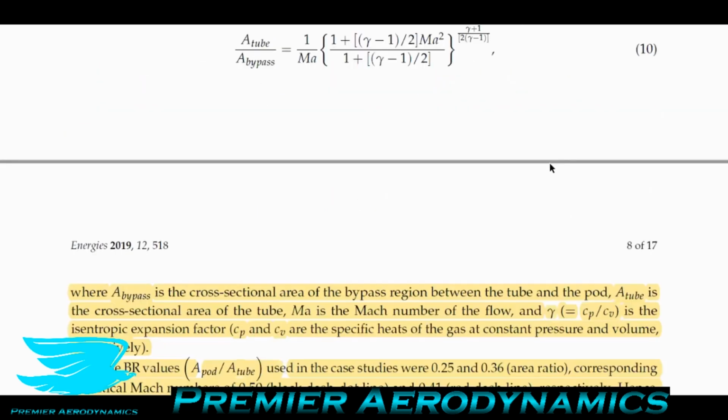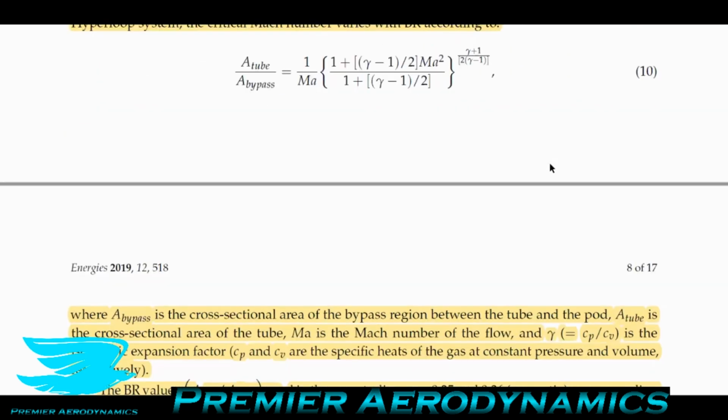The specific heat ratio is the ratio between the specific heats of the gas, in this case air, at constant pressure and constant volume, and for air it's 1.4. So based on literally 4 parameters, the cross-sectional area of the tube, the cross-sectional area of the bypass, so the rest of it, the Mach number, and the specific heat ratio, you can calculate what the velocity is.